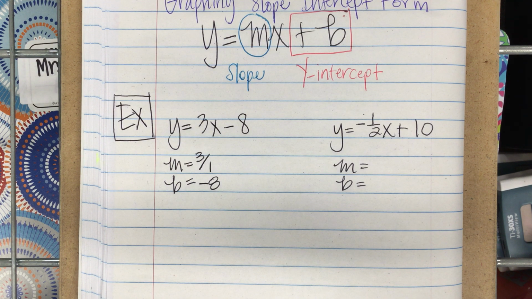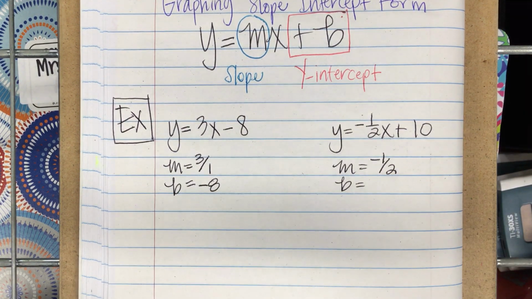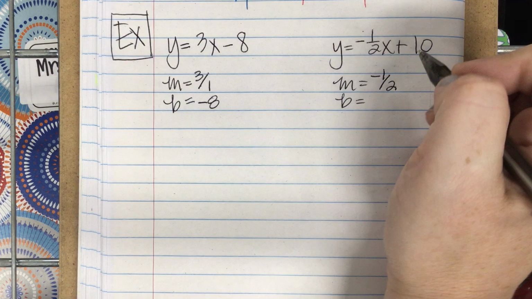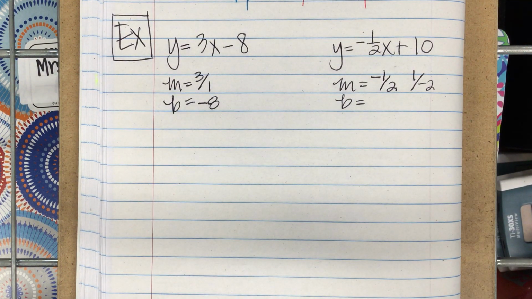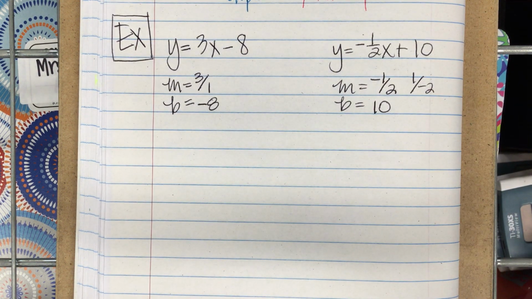Henry, what's the slope? -1/2. What's another way of writing that same thing? 1 over -2. Good. Or you could have +1 over -2. Both are the same, correct? Or could you write negative and then 1/2? They're all going to be equal. What's the intercept? +10, correct? Do I need the plus sign? No.